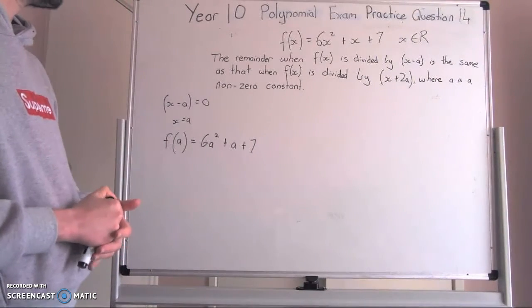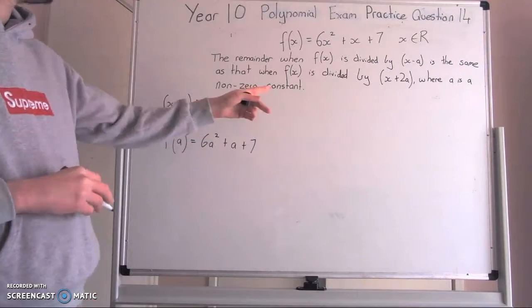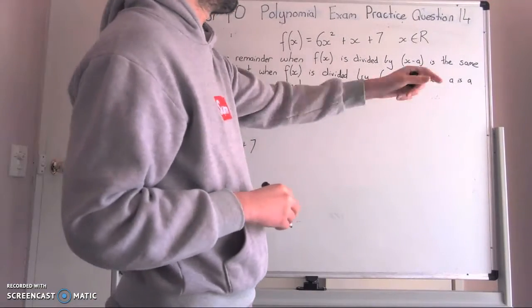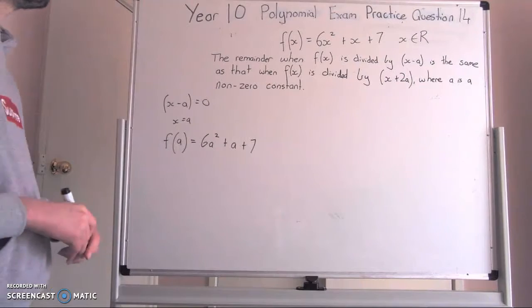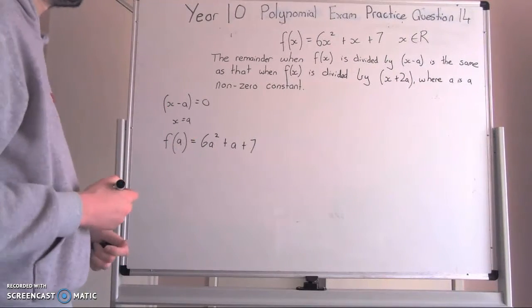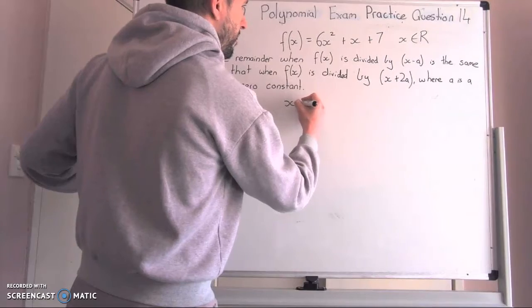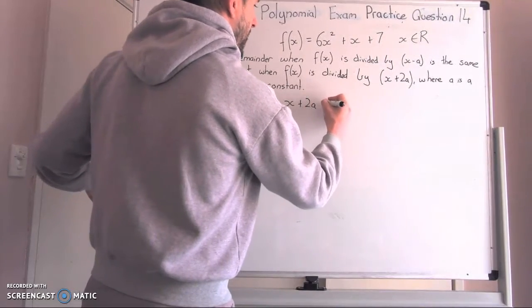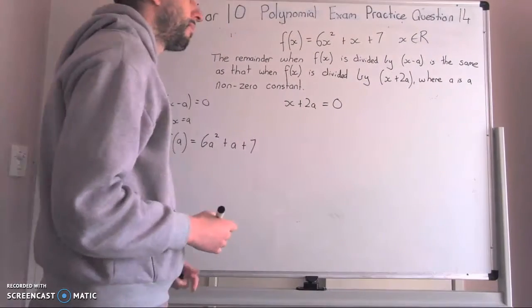The next thing I look at is the other side. It says that I'm dividing by x plus 2a, where a is a non-zero constant. So again, I'm going to do the same, where I know that I have x plus 2a, and that is going to be equal to 0.